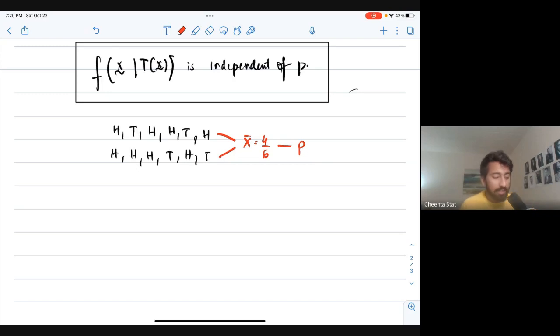So the question is, can we find a statistic, a function of the sample, which is sufficient for the parameter? We'll see various properties of this, and we'll see minimal sufficiency. Minimum in what sense? We want to see the minimum statistic, the minimum compression that we can have for the parameter theta.